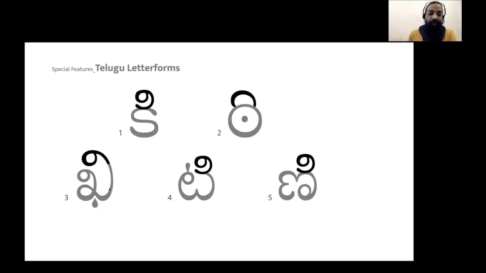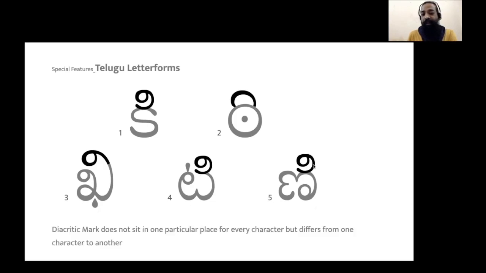In the third, it becomes an extension of one of its arms. In the fourth, where the base form and the diacritic mark meet, there is a knot forming. And in the fifth instance, the diacritic mark is sitting on one of the sides of the character.